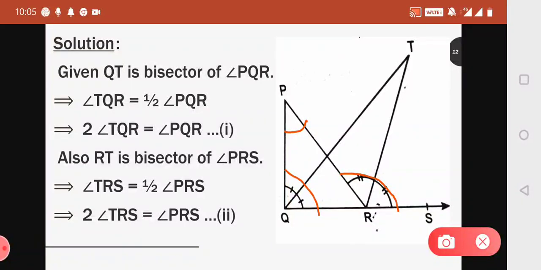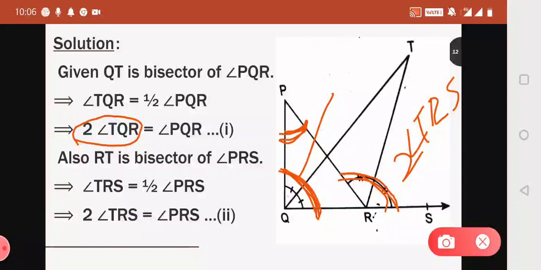But from 1 we can see that angle PQR is written as twice angle TQR, and in place of PRS we will write twice angle TRS.